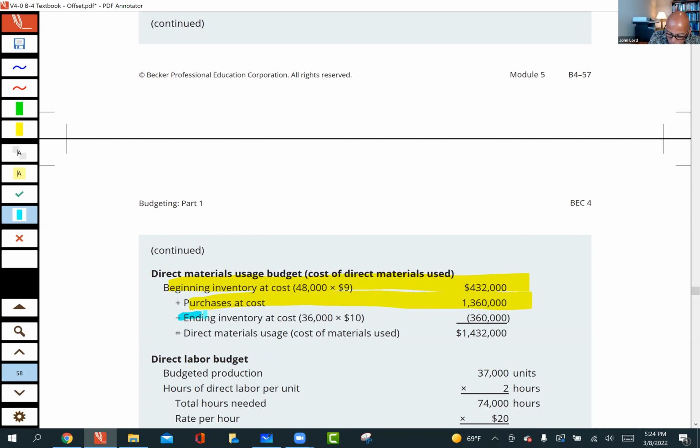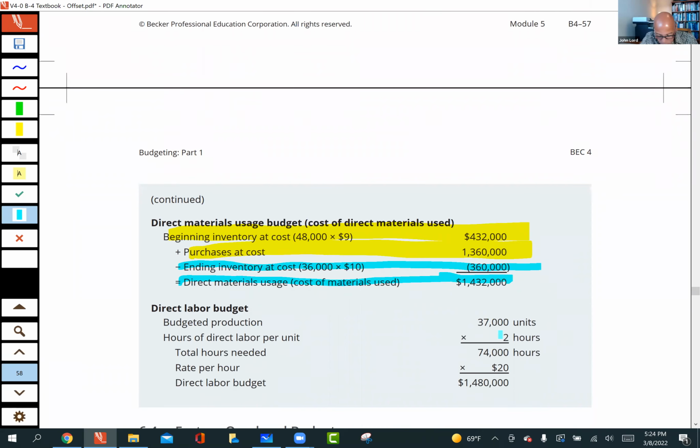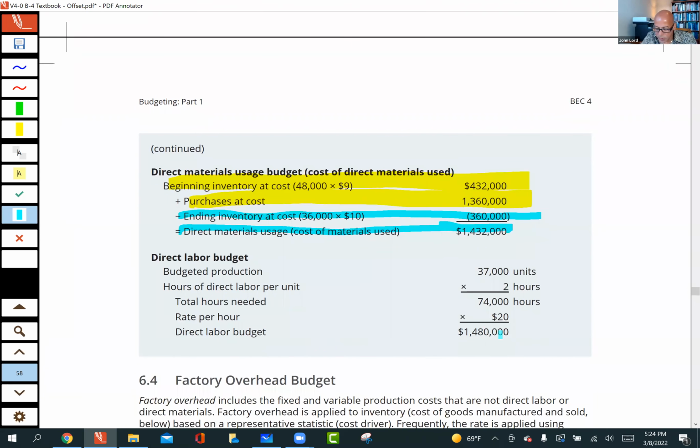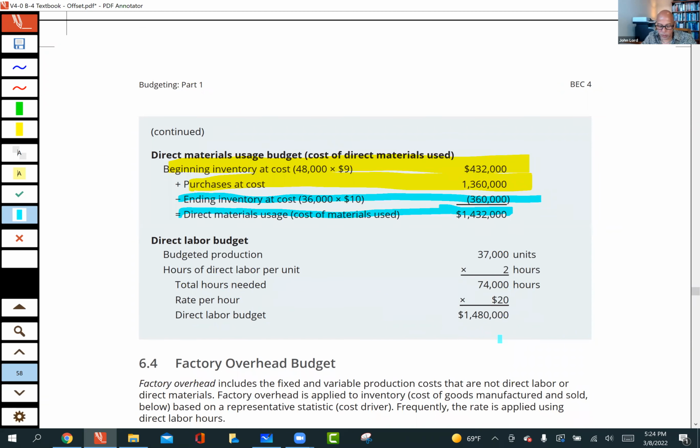And then we subtract what we'll have as an ending inventory at that $10 price that we have assigned to those materials now at the end of the period. And so the usage is 1,432,000. And then we're going to go ahead and calculate the labor, 37,000 units that we're going to produce times 2 hours gives us 74,000 hours, times the $20 per hour gives us our direct labor budget.